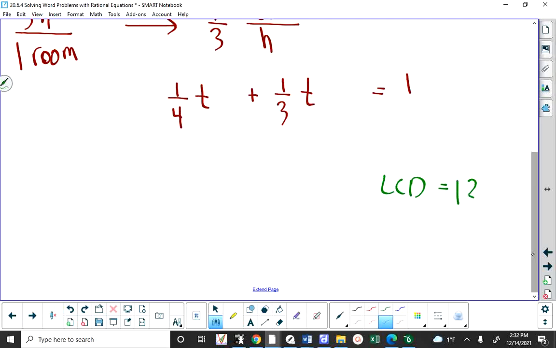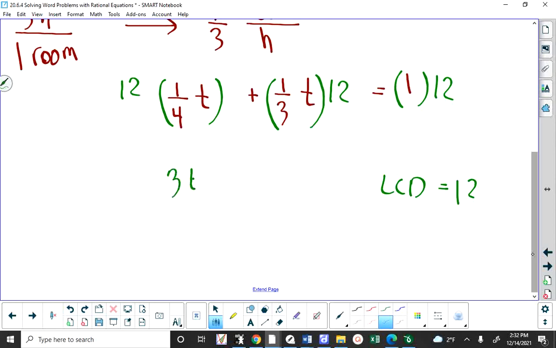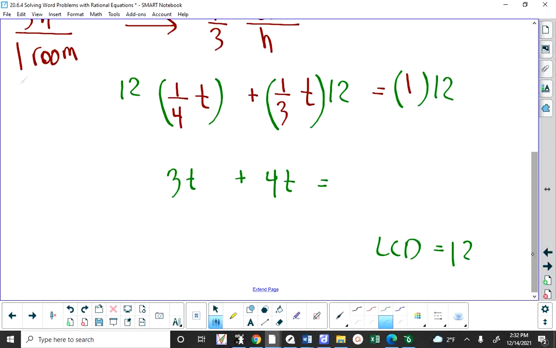So I need to multiply this by 12, this by 12, and this by 12. 12 over 4 is 3. 12 over 3 is 4. And then 12 times 1 is 12. Oh, that's pretty easy to solve now. 7t equals 12.